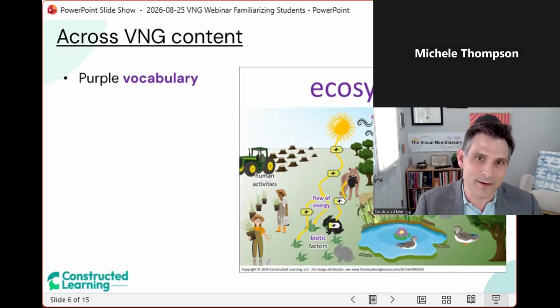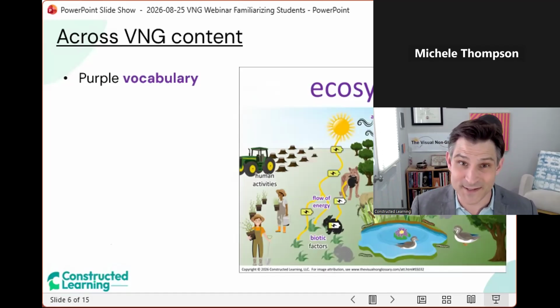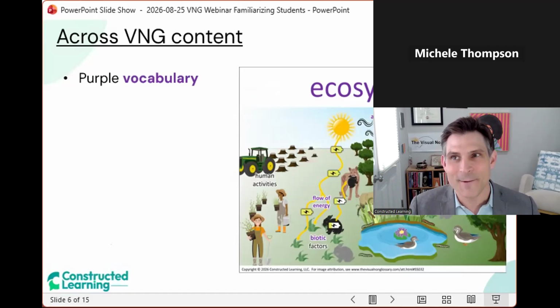That's something that when I'm working with teachers of any content area, but especially science, because that's what I taught, it's my passion, it's my forte, what I really try to emphasize is that if we try to teach vocabulary, there's a temptation to teach the entire glossary.